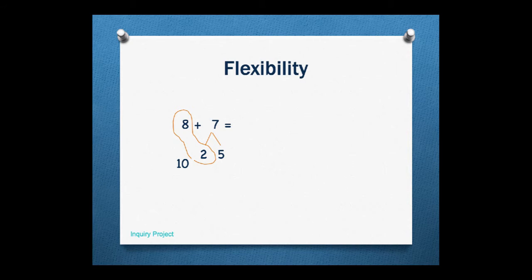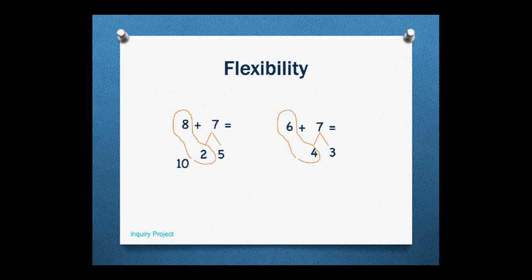To us, that's obvious. He wanted to use the 8 to get a 10, and he needed 2 more to do so. But what if the task had been 6 plus 7? This time, to use a similar approach, the child needs a 4 to combine with the 6 to get 10. So this time, partitioning 7 into 2 and 5 isn't helpful. Instead, partitioning 7 into 4 and 3 is useful.